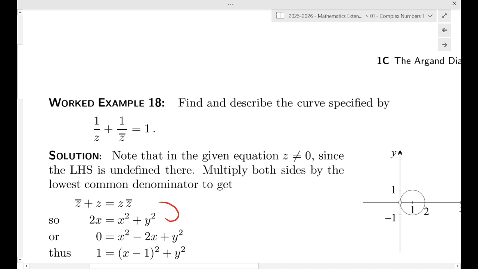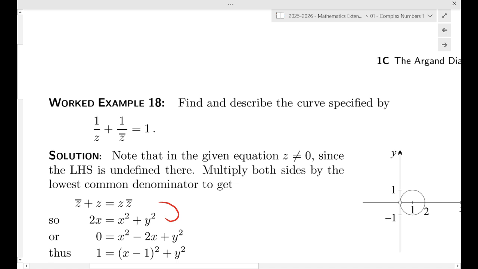What did it do there? Oh, I see. Has it completed the square?